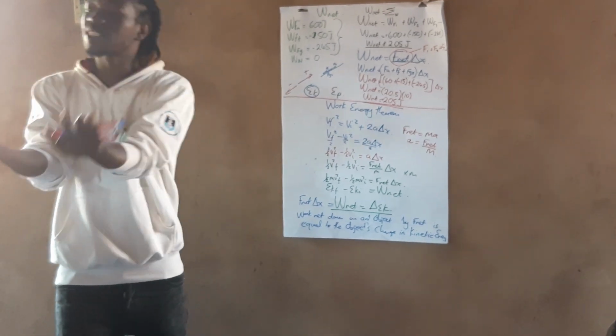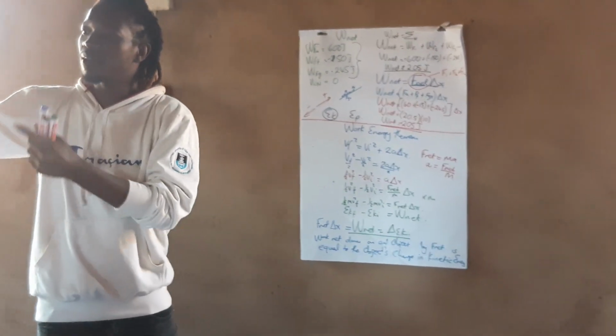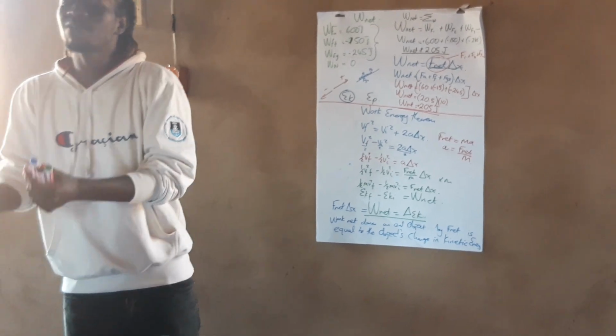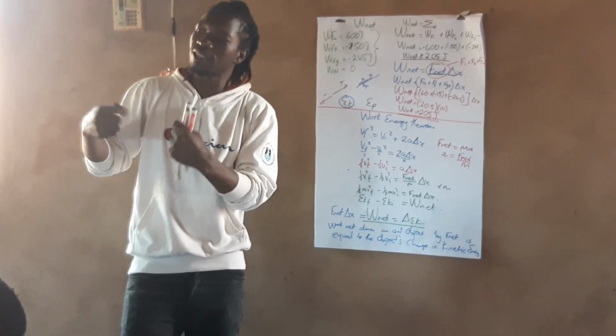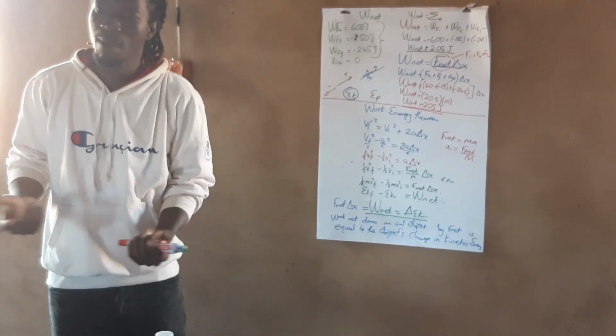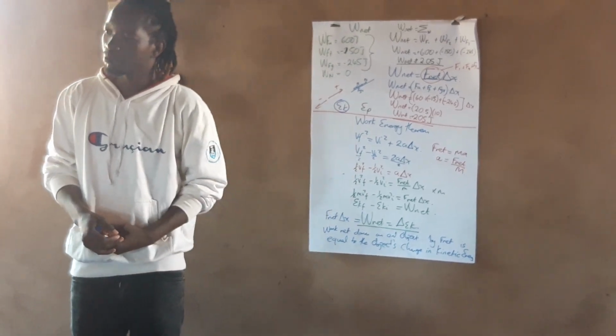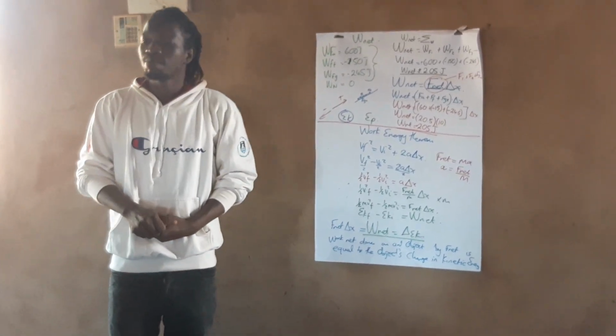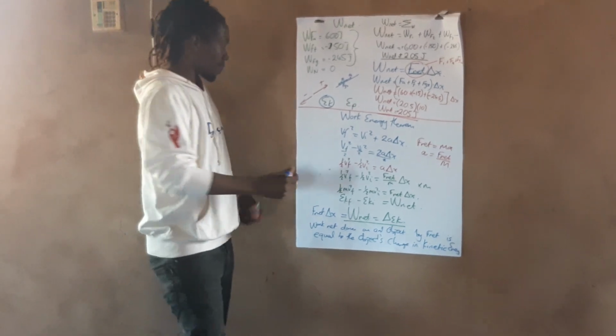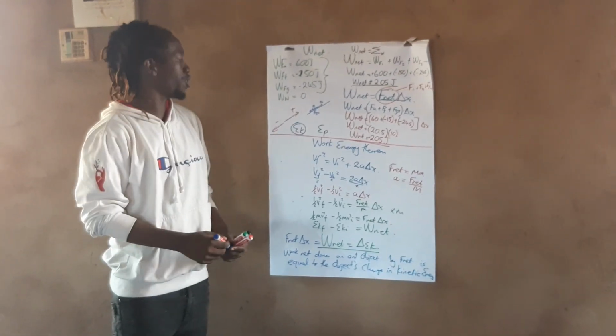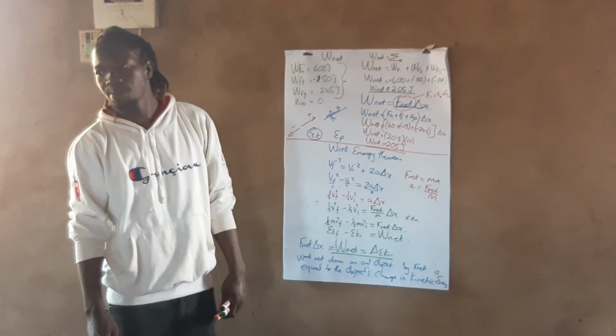If I'm giving it positive work, its velocity will change to be more. But if I'm giving it negative work, its velocity will change to be less. So for today, I'll end here on the work energy theorem.